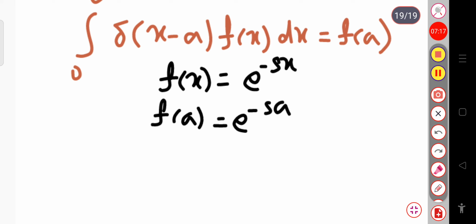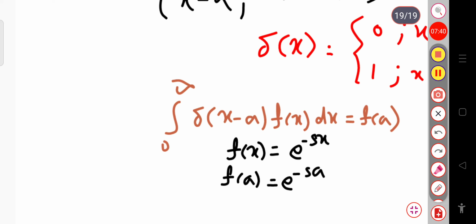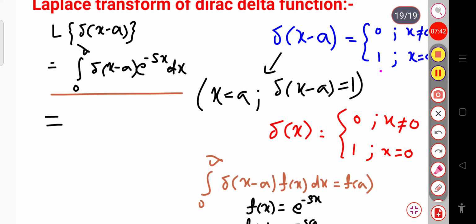Actually, what this Dirac delta function represents is, if at the point a the value is supposed to be 2, then we have to calculate f of 2. If the function is exponential minus sx, then we have to put 2 in place of x. Okay. But now in this condition, our delta function is delta of x minus a. So simply we have to put the function at x equal to a point, that is exponential minus sa.